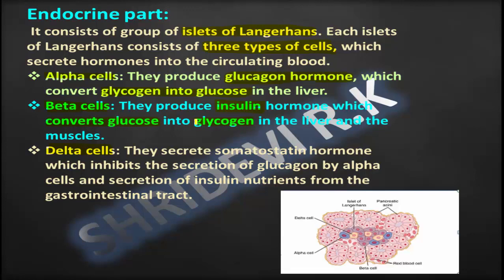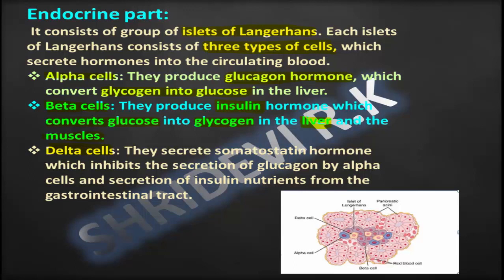Excess blood glucose is converted into glycogen by the action of insulin, and this glycogen is then stored in the liver as well as muscles. But more storage of glycogen occurs in the liver. See, insulin is called a hypoglycemic factor because it reduces the blood glucose level.